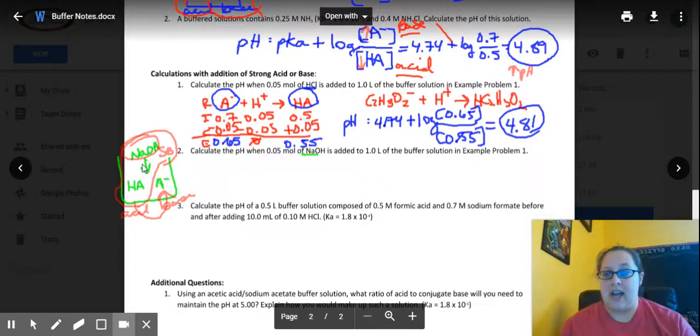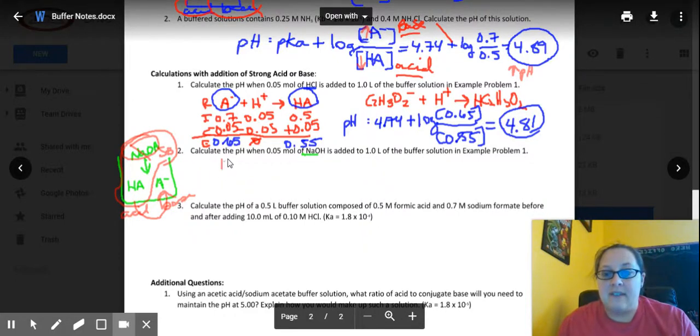So here, for our reaction, we have NaOH plus HA. This Na is going to be a spectator. All that we're worried about is the OH minuses, like all we worried about was the H pluses here. Okay, because the H pluses is what will drastically change the pH there. The OHs is what will drastically change the pH here. So that's what we're wanting to neutralize. We're wanting to neutralize either the H pluses or the OH minuses that are coming in.